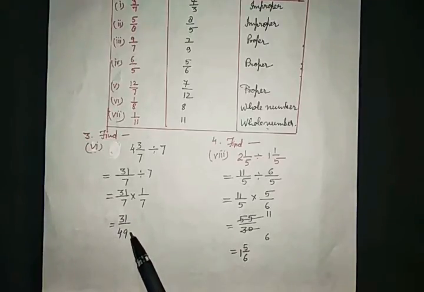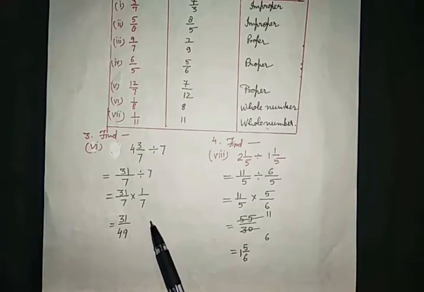Because here 31 upon 49, you can see, is in irreducible form. But you will not convert this into a mixed fraction. You know why?